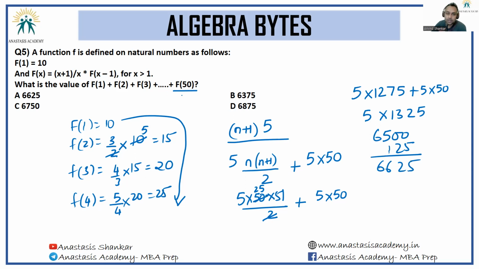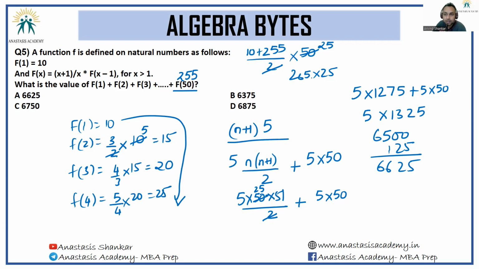Another way you could have potentially done it is because you've identified the general term is (n plus 1) into 5. Can you see f(50) will be 255? So you could have directly jumped to 10 plus 255 by 2 into 50, first term plus last term by 2 into 50. This would also work. So now you've got 265 into 25.